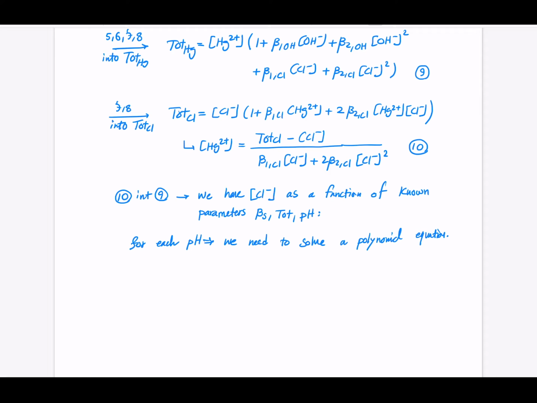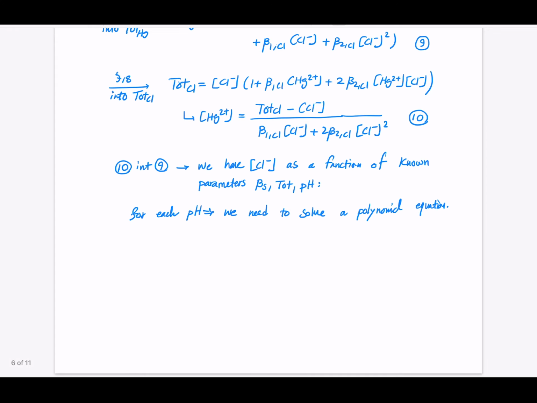But here we can make a very good assumption to simplify the calculation. If you remember, the concentration of Cl minus is significantly bigger than Hg2 plus, 100 times more, right? So we saw that.